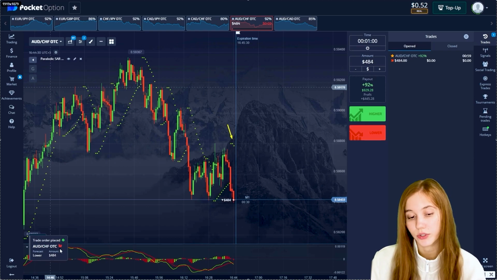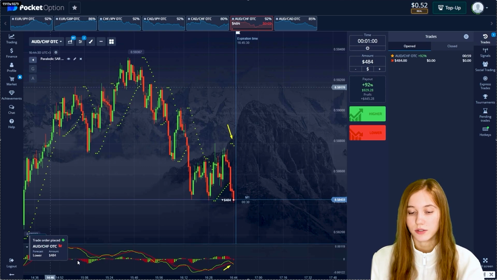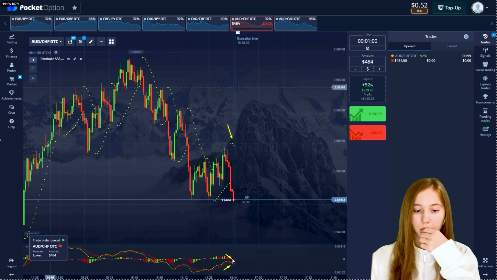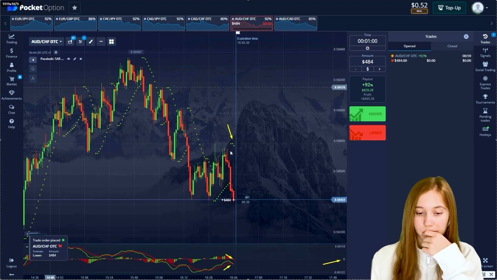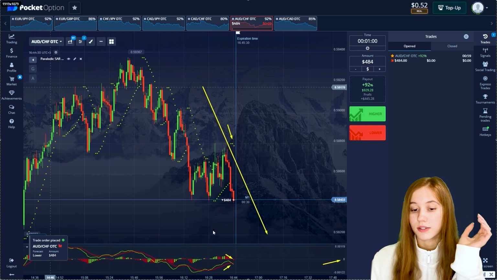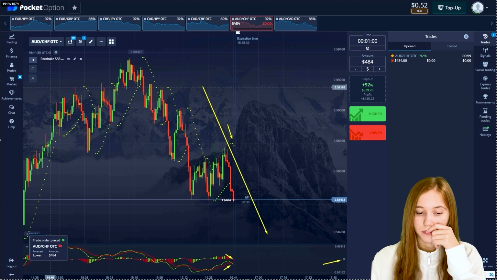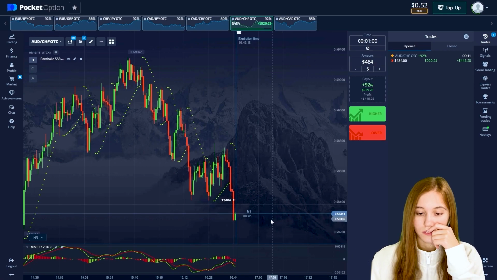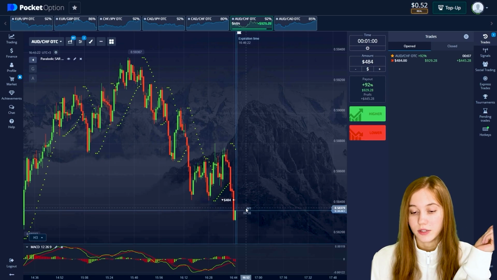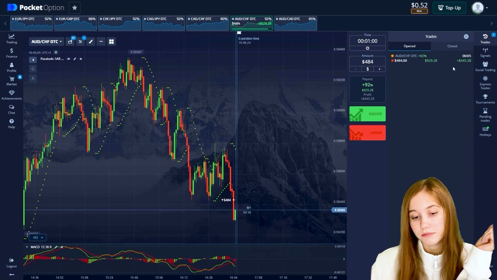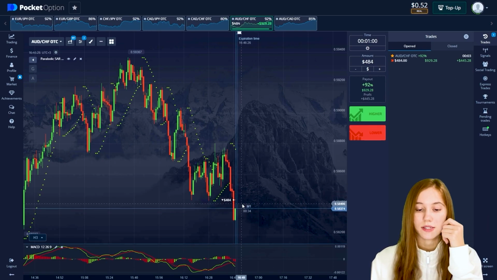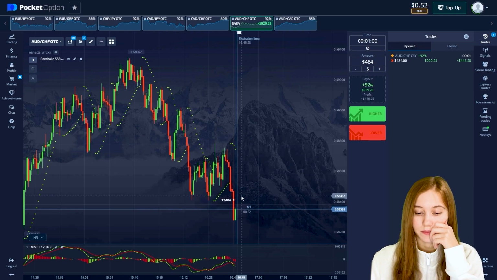The trend is relatively new. According to the MACD indicator, we also just crossed the red. Bars also show this. We have a red bar formed. The 0 mark was also crossed. Five seconds left until the end of our deal. Let's wait. Yeah, great. This deal is a plus.